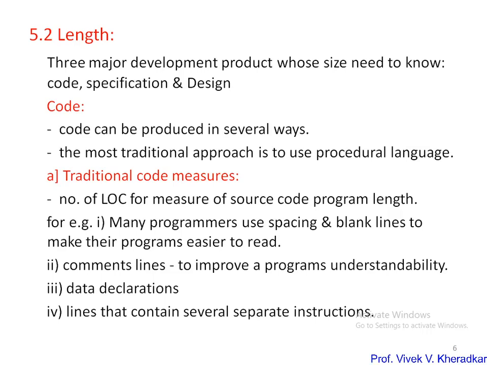That's why many different schemes have been proposed for counting lines, each defined with a particular purpose in mind. There are many ways to calculate the lines of code of a given program, because there are different kinds of lines in the code: programming lines, comment lines, and blank lines.